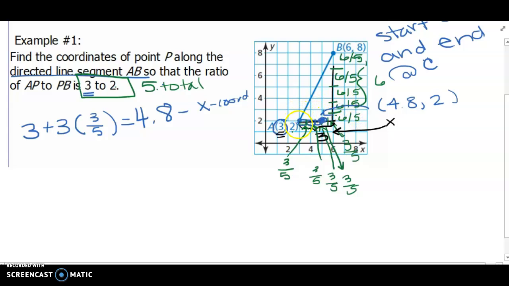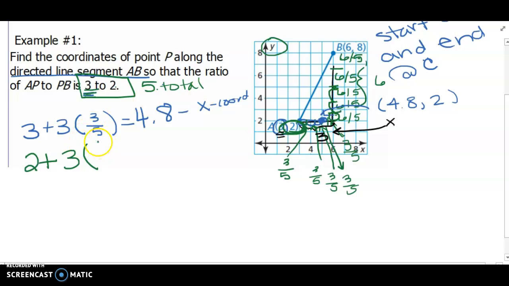Up and down is my y-coordinate, and where am I starting on my y-coordinate? I start right here at 2. So I'm going to start at 2, and then I'm going to add, well, there's 3 parts. How many units up is each part? Well, it's 6/5. So I want 3 of them.